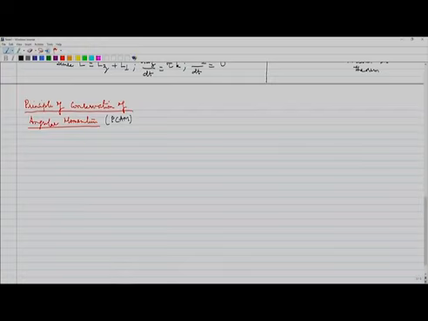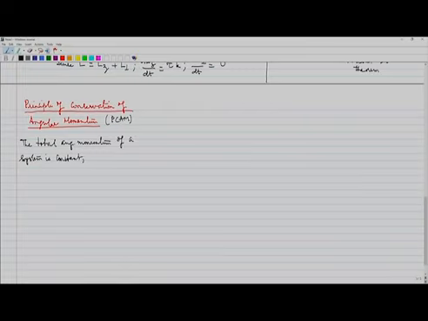The total angular momentum of a system is constant if the resultant external torque acting on the system is 0.